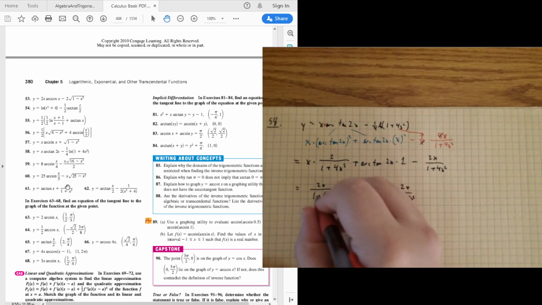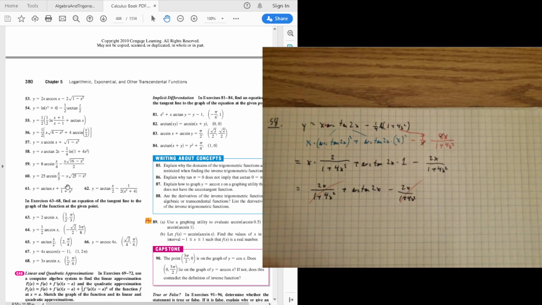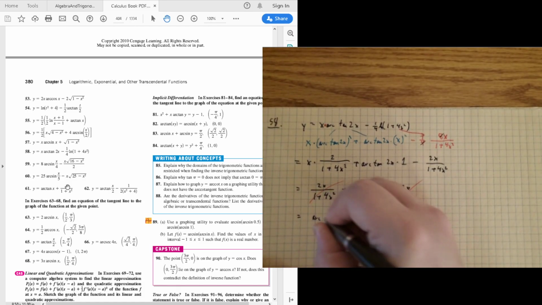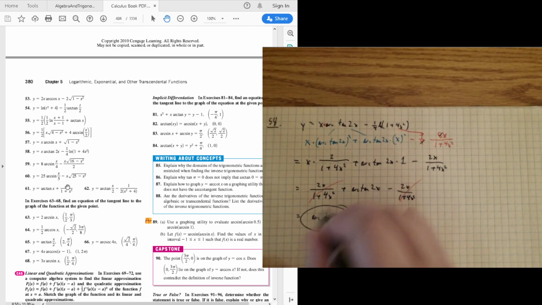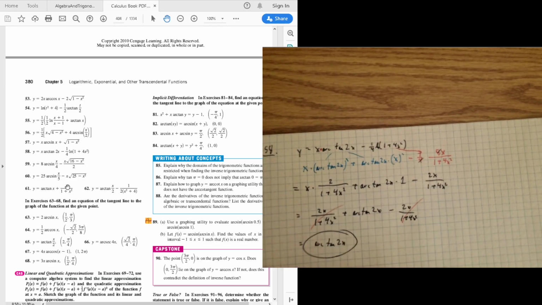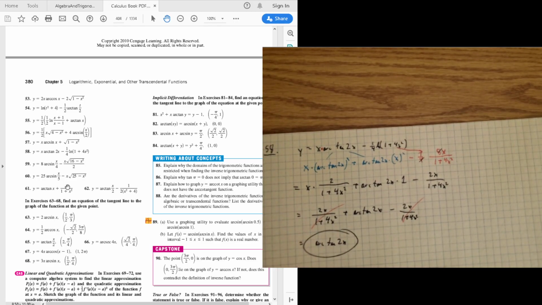And because of how this function worked out, we have a positive and a negative of the same thing, which means for this function, the final solution is arctan of 2x. So in other words, the derivative of this nasty equation is actually this fairly nice equation. That's pretty neat. But notice how we just take new rules and put them into problems where we have to use old rules too. And that's pretty much the entire section.